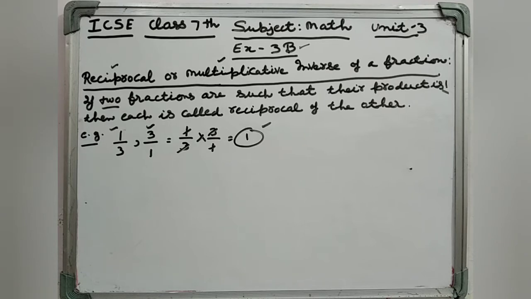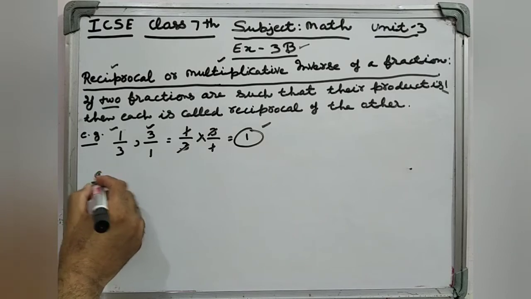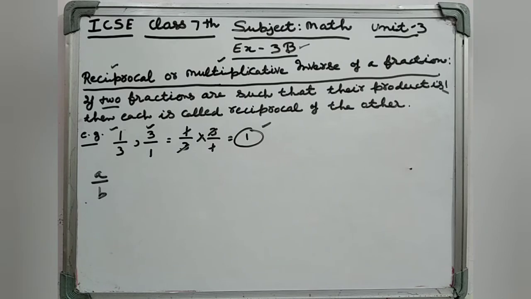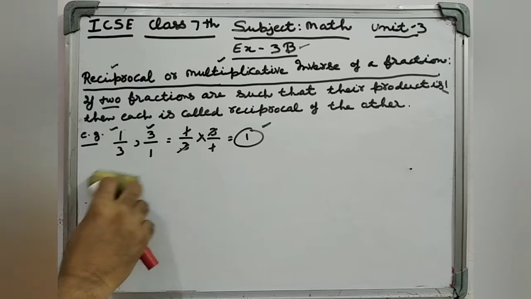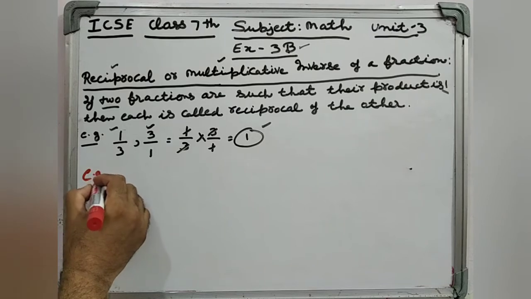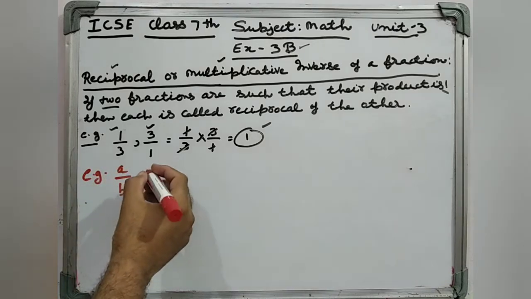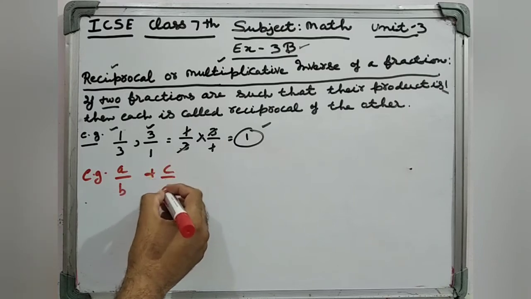Now in the general sense, suppose we take two fractions a upon b and c upon d.